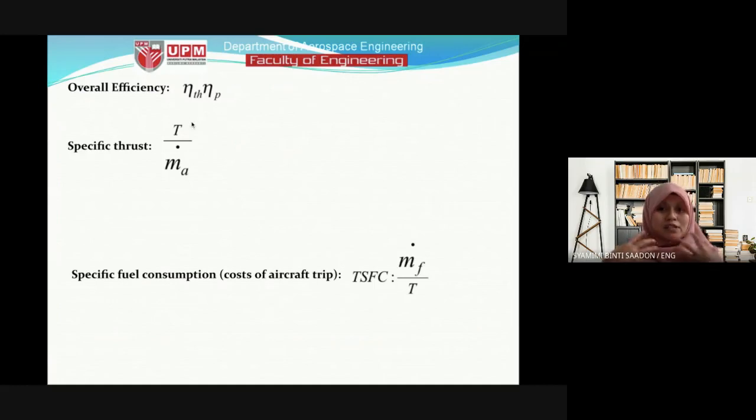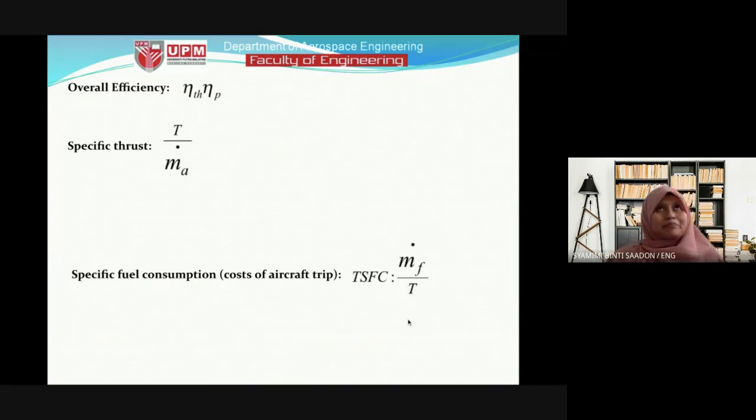So that is the overall efficiency of the engine. Specific thrust just now. And then the last one, which is very, very important, is the specific fuel consumption, or the cost of aircraft trip. We define it as TSFC, thrust specific fuel consumption, or sometimes you just call it SFC, specific fuel consumption. This is the ratio of the fuel mass flow rate over thrust.